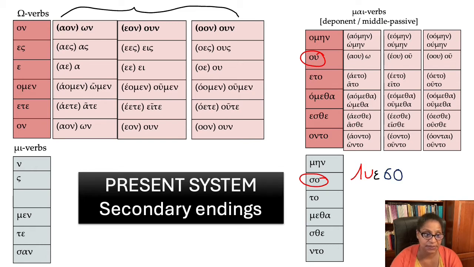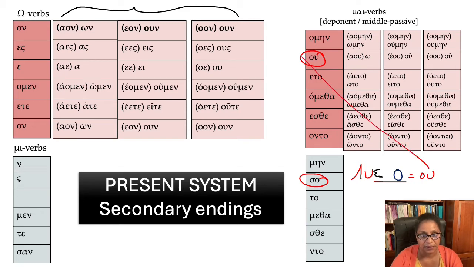And so what happens in the process of time is the sigma goes away, leaving us with lu-e-o. Well, epsilon omicron gives you ou, which is ou, right? And so that is there.